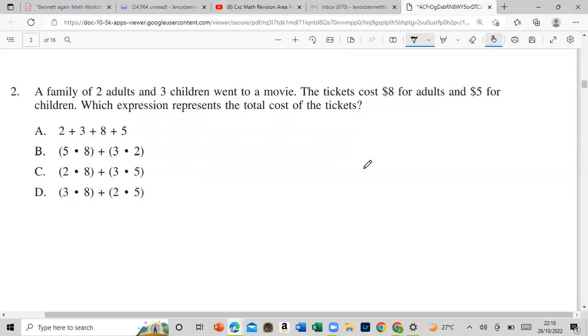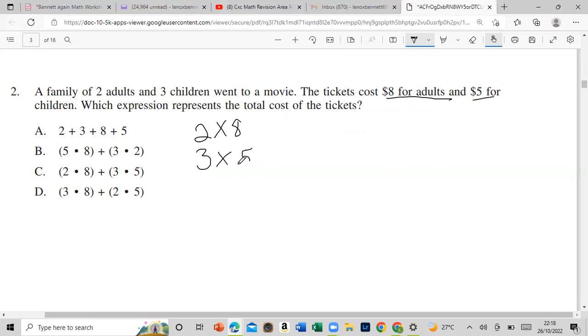So it's 2 adults and 3 children. Let's look at how much for the adult ticket. Read the question very carefully. So that will be 2 multiplied by 8. I'm just writing an expression, just a general one first, and then I'll look at it. And then 3 children would cost $5 each.